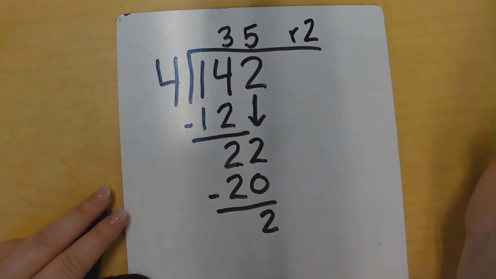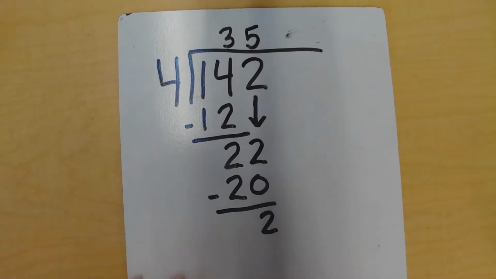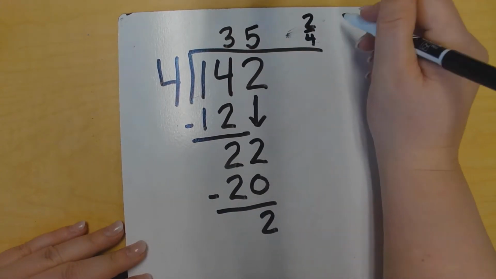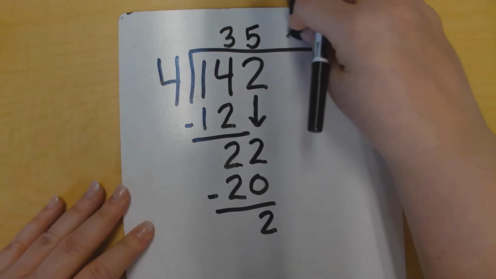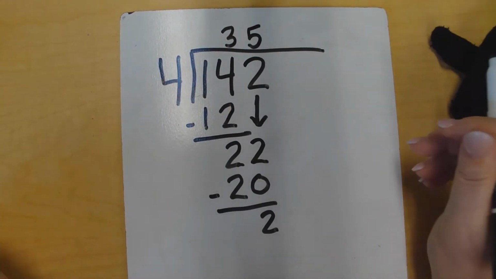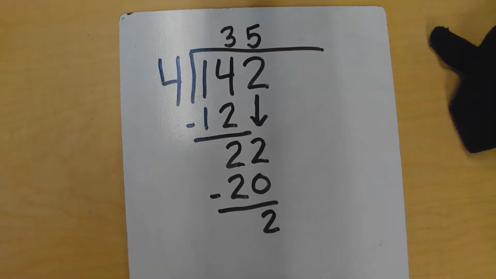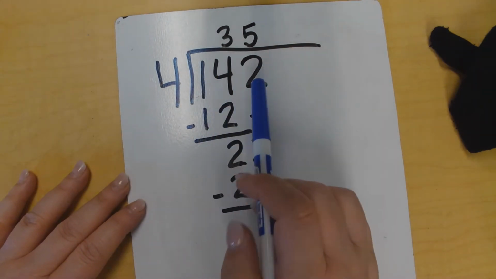Or if you have been taught before, you could do 35 and 2/4 or 1/2 as your remainder, a fraction remainder. But we want to show our remainders as decimals in grade 6. So what we need to do is look at the end of the whole number, which was 142.